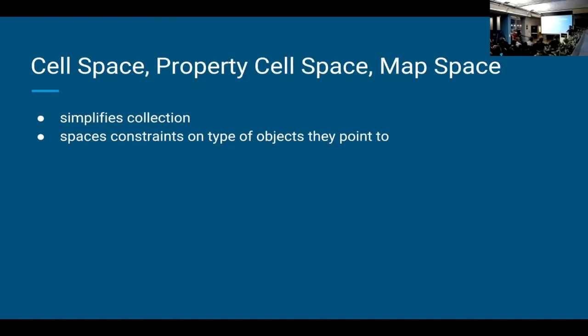I said before, use maps and not objects, because objects used as maps get into the large object space. We don't want anything to be there. We want everything to be in this map space. This heap is reserved for everything that is with maps, with sets, with weak maps. Everything will end up here.